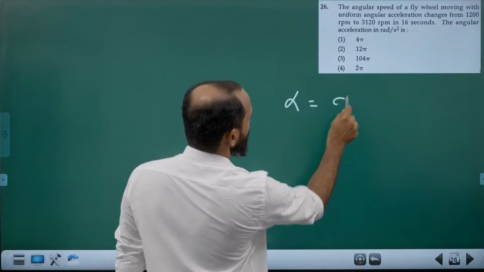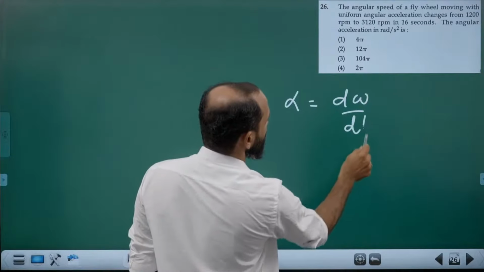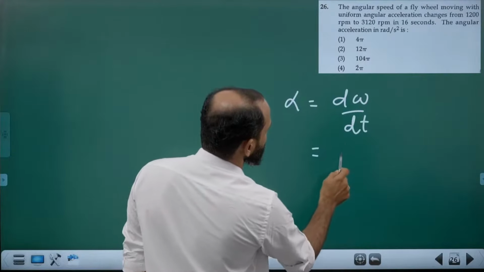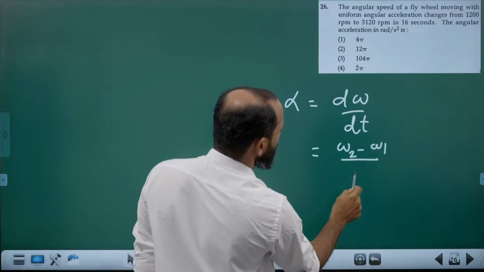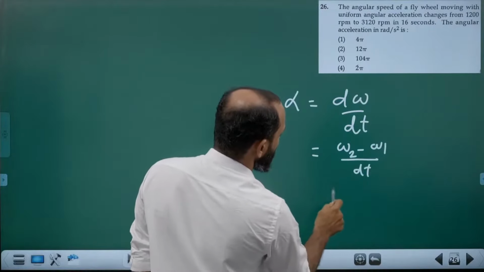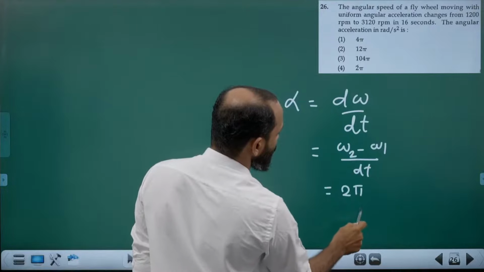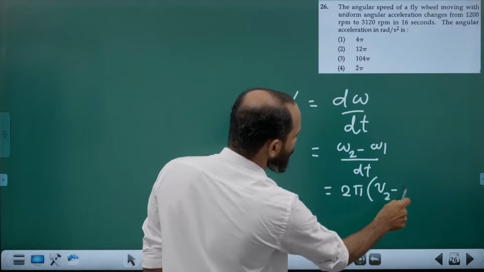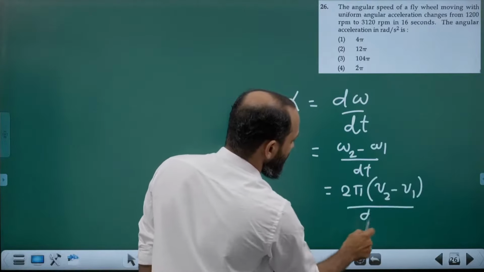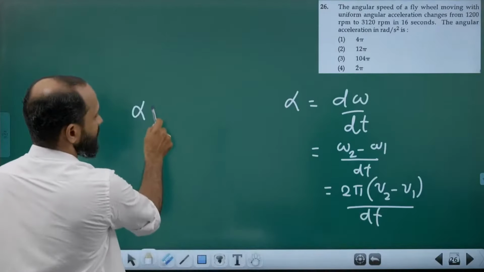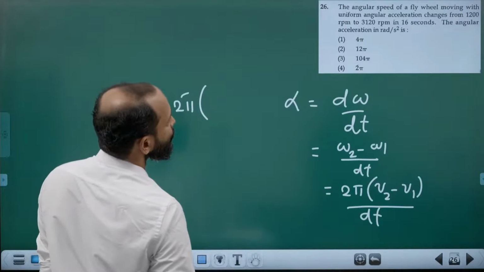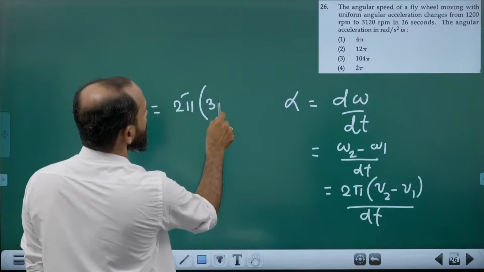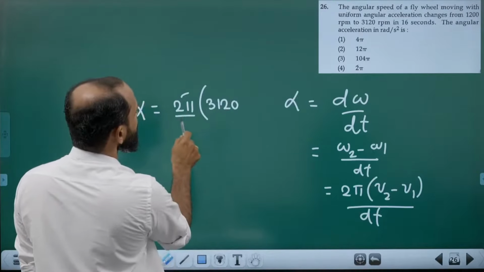alpha is equal to d omega divided by dt, where d omega is omega 2 minus omega 1 divided by the time interval dt. But omega is 2 pi nu. So alpha is equal to 2 pi into (nu 2 minus nu 1) divided by dt. That implies alpha is equal to 2 pi multiplied by (3120 divided by 60 minus 1200 divided by 60) divided by 16.